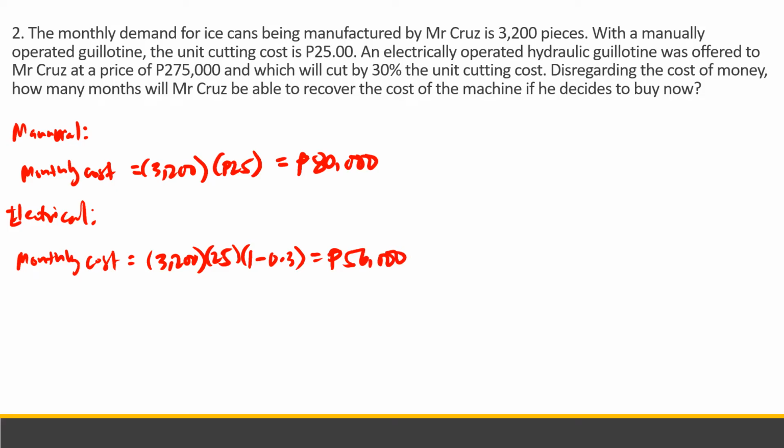So if we will use electrically operated, magiging 56,000 na lang yung monthly cost niya compared dun sa 80,000.